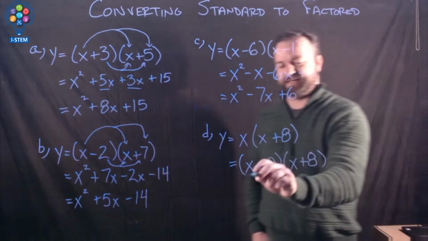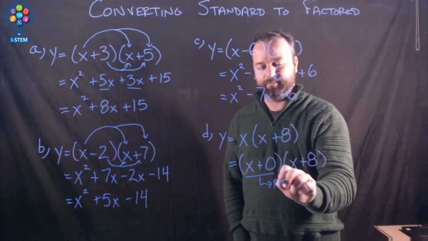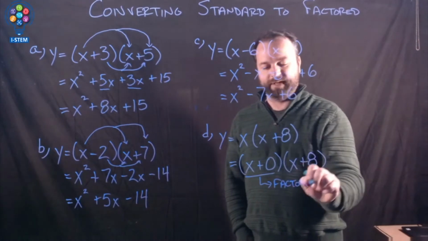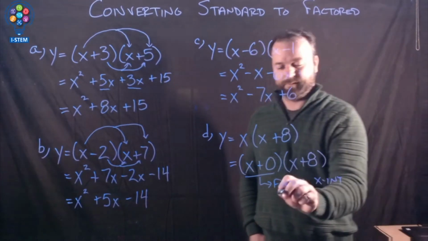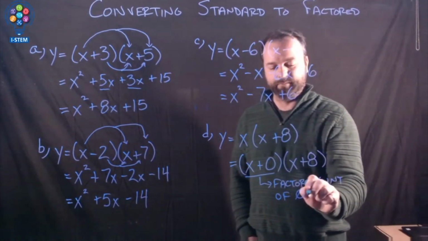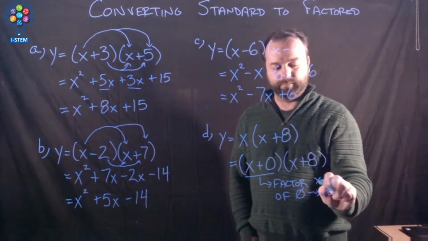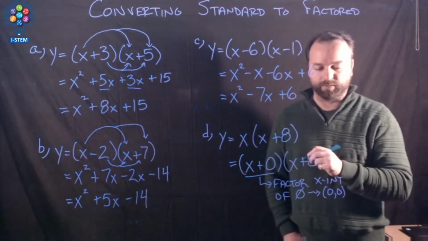So really this is a factor that has an x-intercept of 0, or an x-intercept that is the origin.